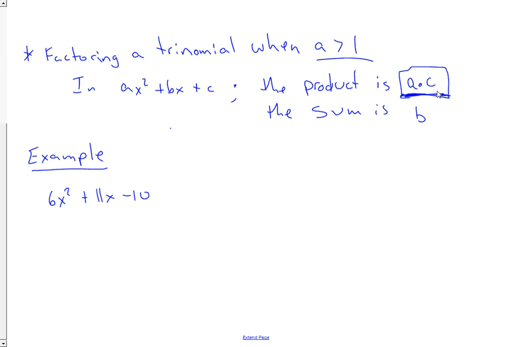So A times C. The sum is still the B. So in this example, I have 6 and I need to multiply it by negative 10. That's negative 60. So my product is negative 60. My sum is positive 11. Because it's negative, I need to subtract to equal 11.